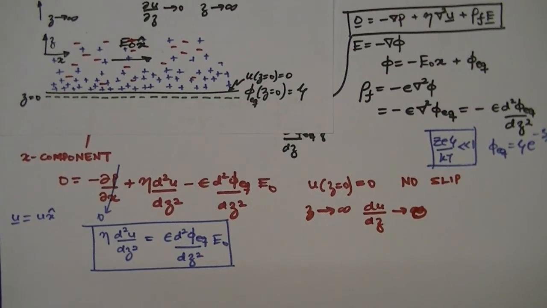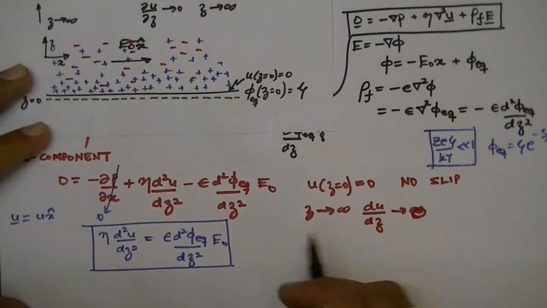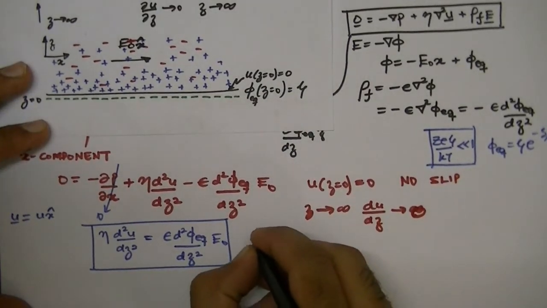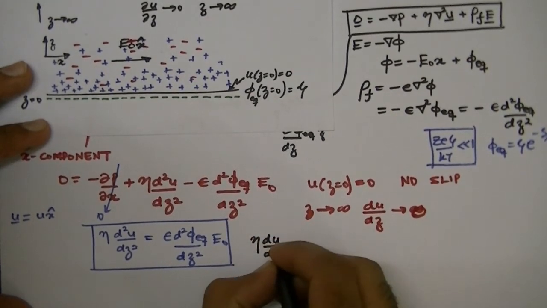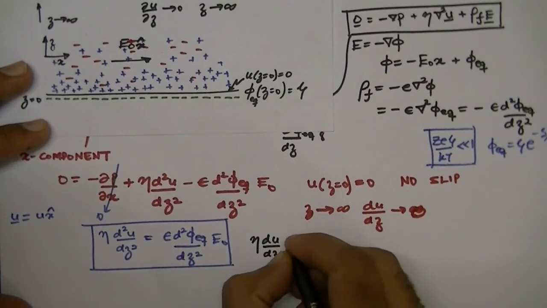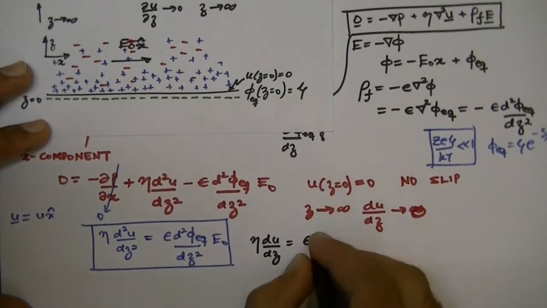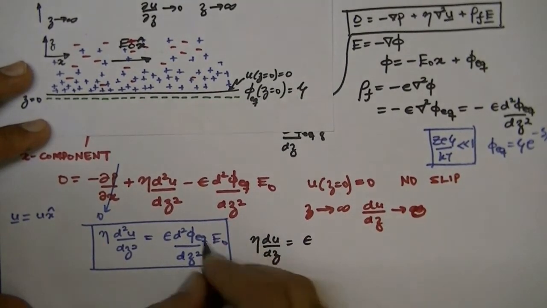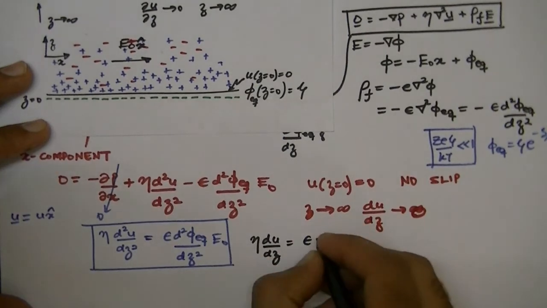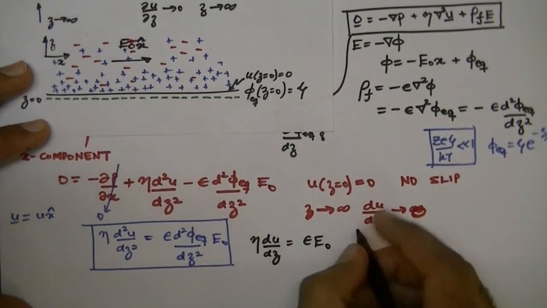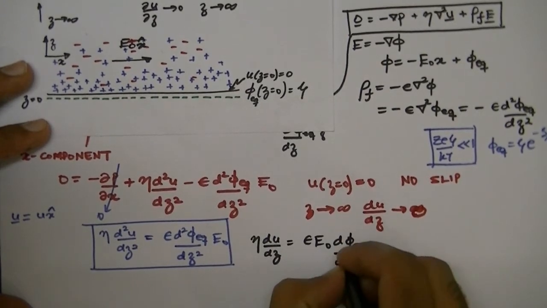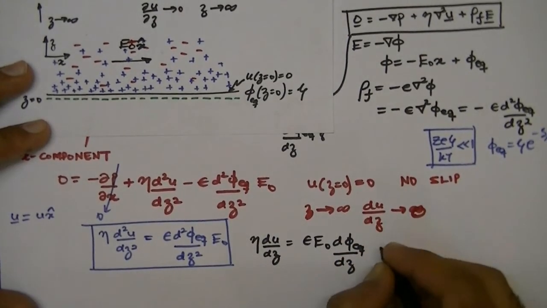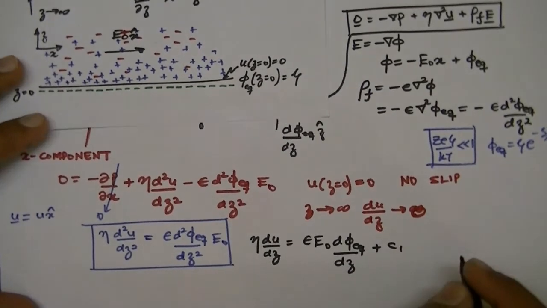So if we integrate this equation once, we'll get viscosity times the velocity gradient is equal to epsilon times the externally applied electric field, which is constant, so E naught is a constant, times d phi equilibrium by dz, plus an integration constant.